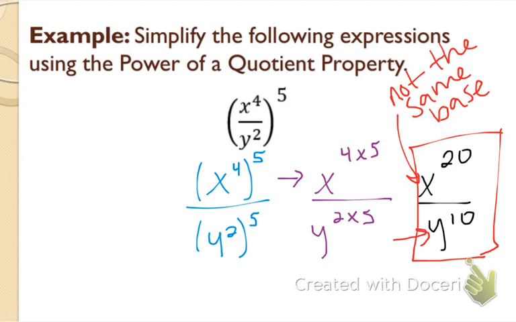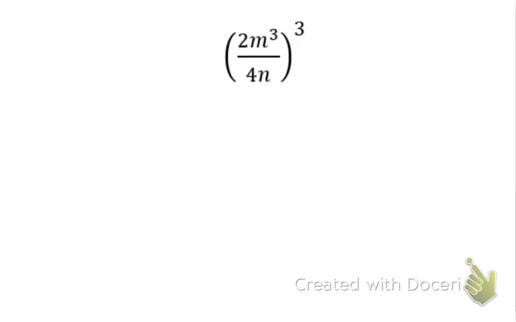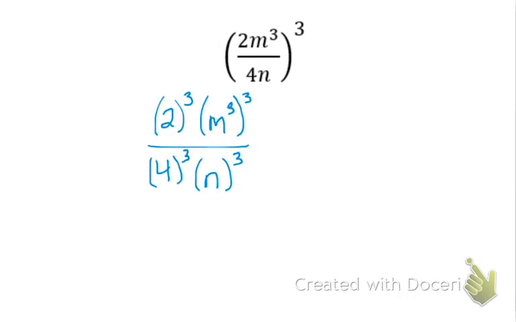Okay. Next problem. We have this quotient raised to the power of 3. So what we're going to do first is kind of like distribute the exponent. So basically every coefficient, every variable is raised to the power of 3. Now we're going to apply the power of a power property.